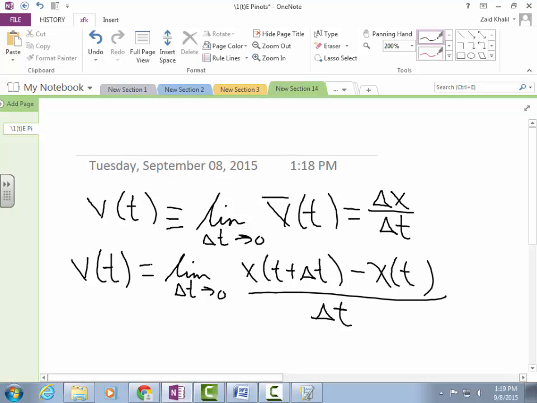So now, here's a question. What is the instantaneous speed? The answer is the instantaneous speed, denoted by s, is equal to the absolute value of the instantaneous velocity.